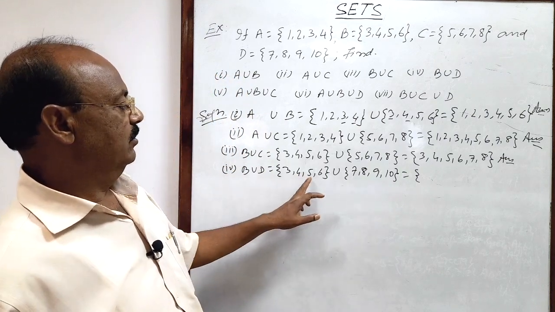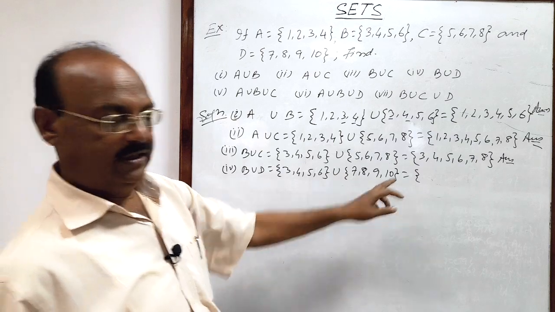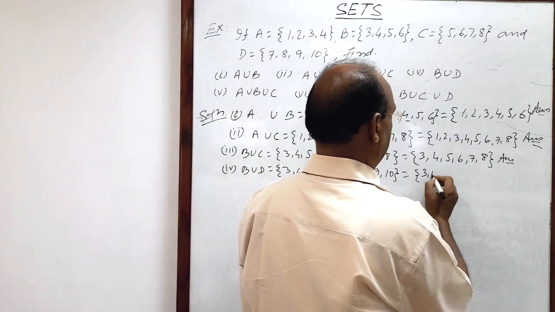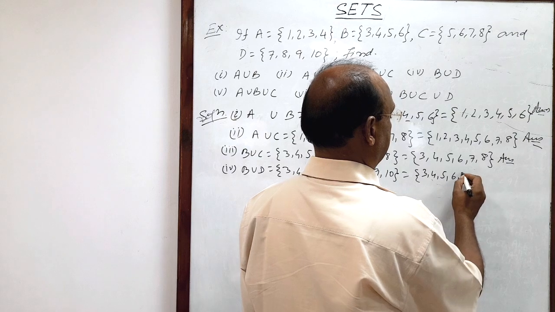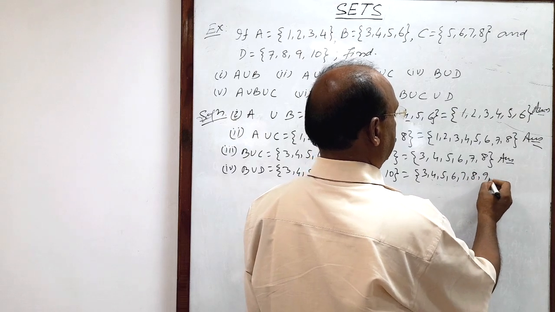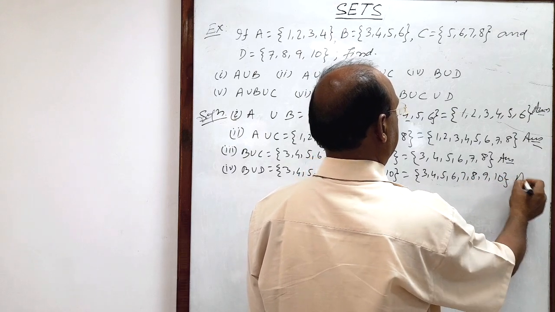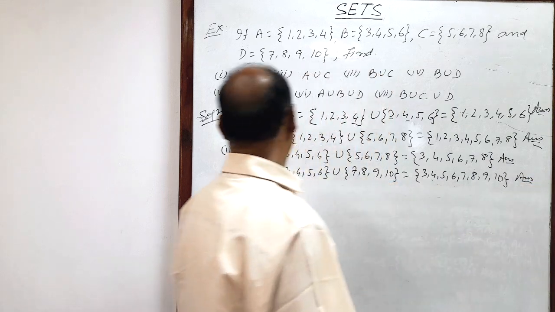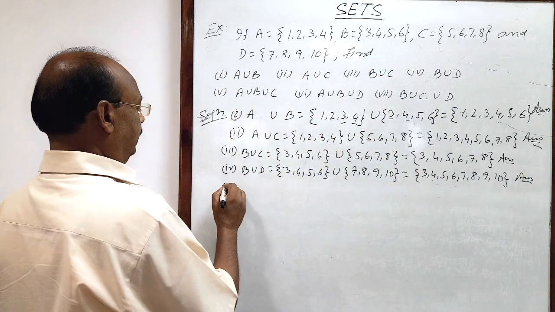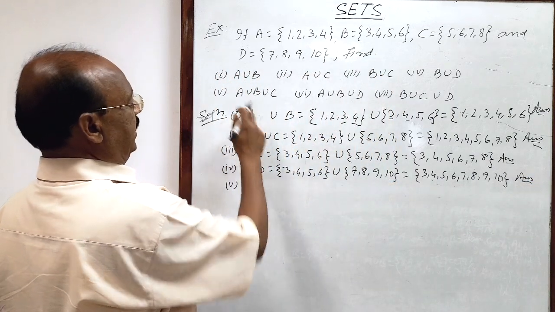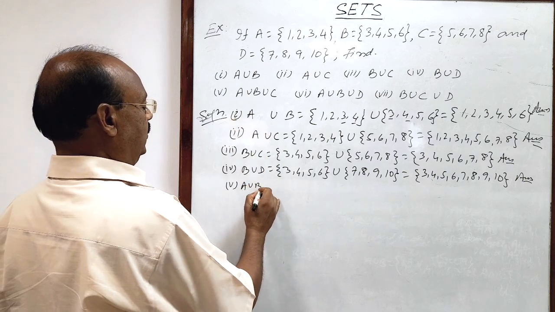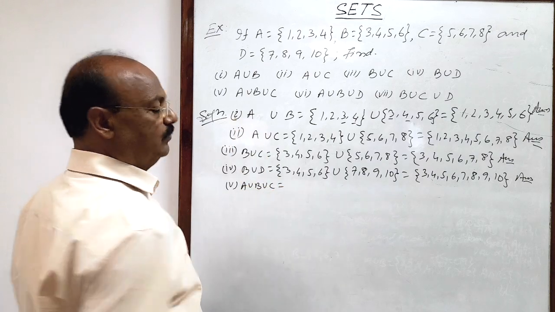So 3, 4, 5, 6, 7, 8, 9, 10. This is the answer.